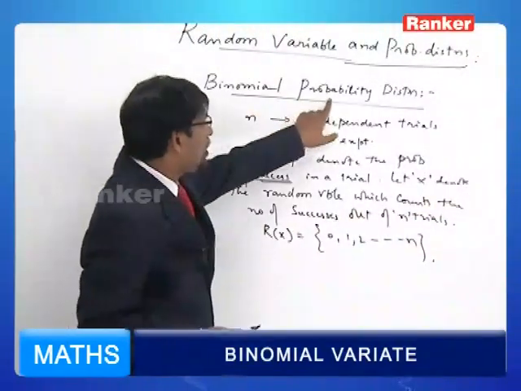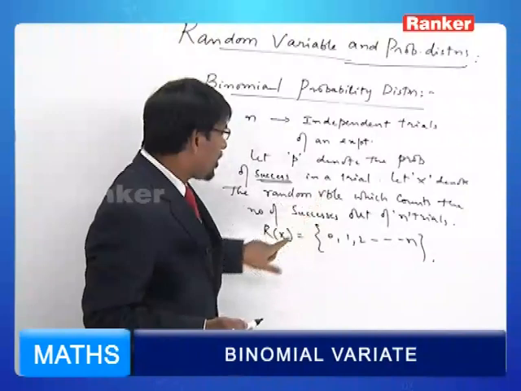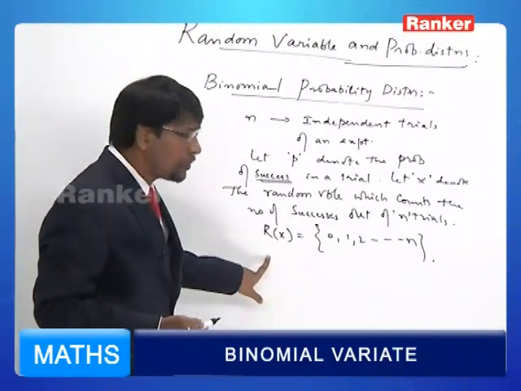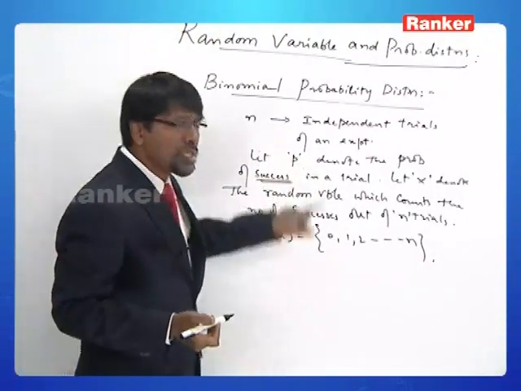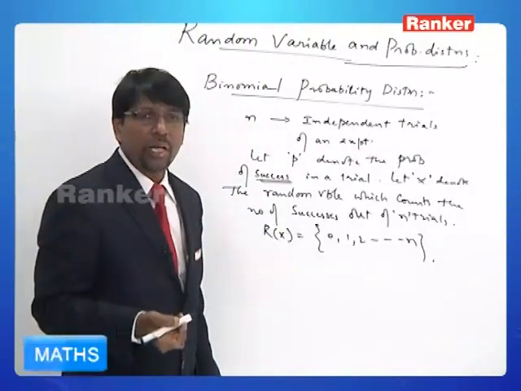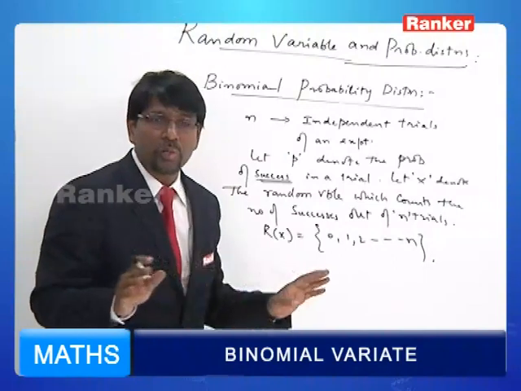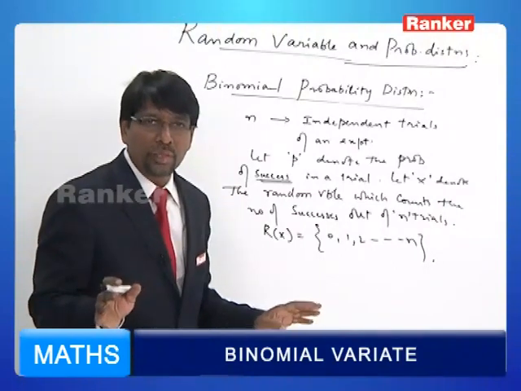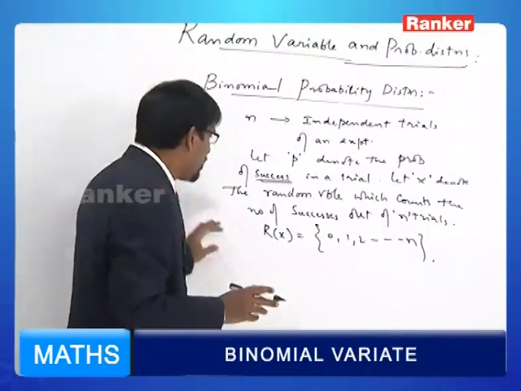When I say probability distribution, we have to give a random variable. Now corresponding to each value of the random variable, some non-negative number has to be attached so that the sum of all those non-negative numbers is equal to 1. That will be the probability distribution.